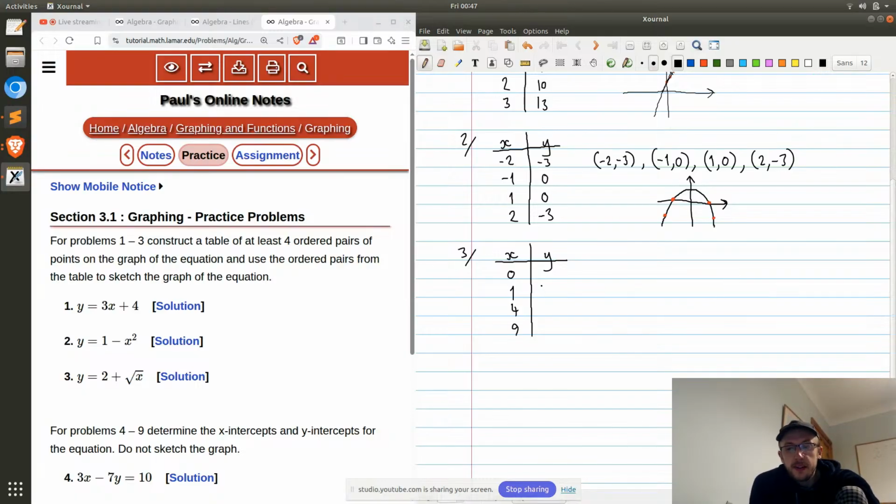The special reason is that I take the square root of a square number and it gives me back a nice whole number, which is nice. So 2 plus the square root of 0 is 2. 2 plus the square root of 1 is 3. 2 plus the square root of 4 is, beg your pardon, 4. And then 2 plus the square root of 9 is 5.